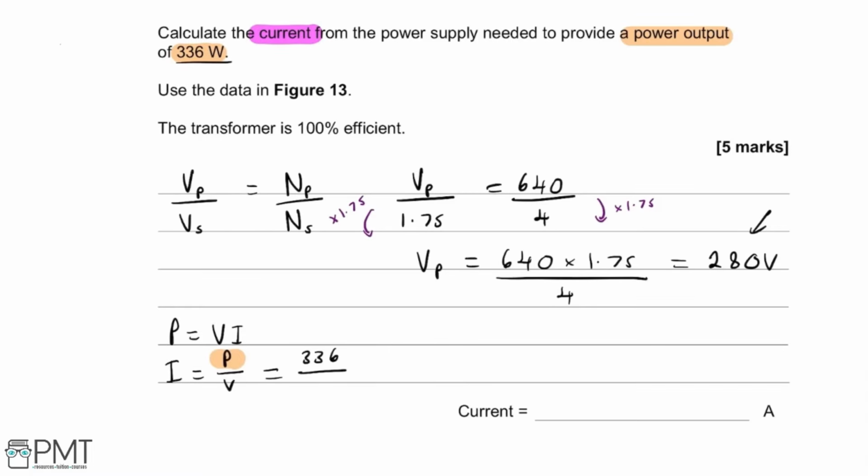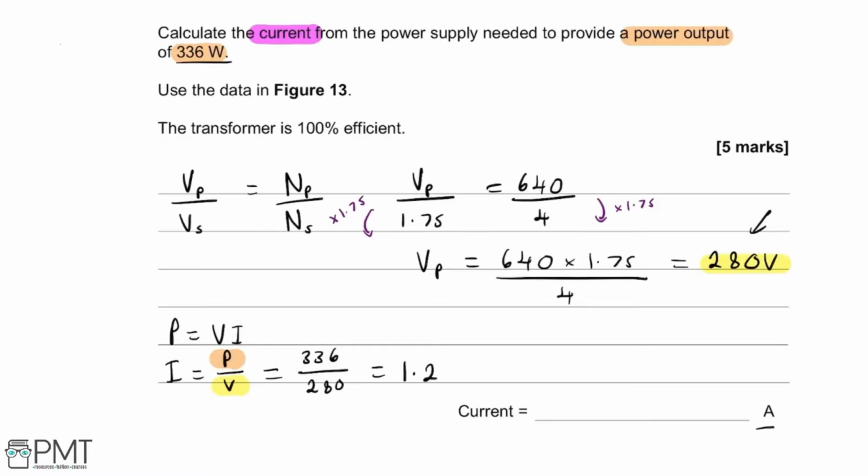We're dividing it by the voltage, and if you remember, the potential difference that we just found was 280 volts in the primary coil. And putting that into your calculator will give you a value of 1.2 for the current. And that is your answer.